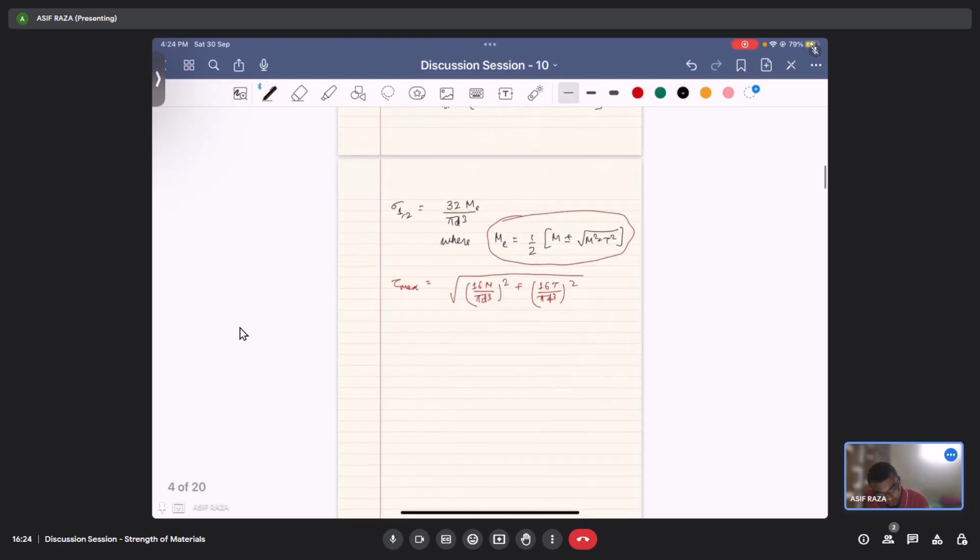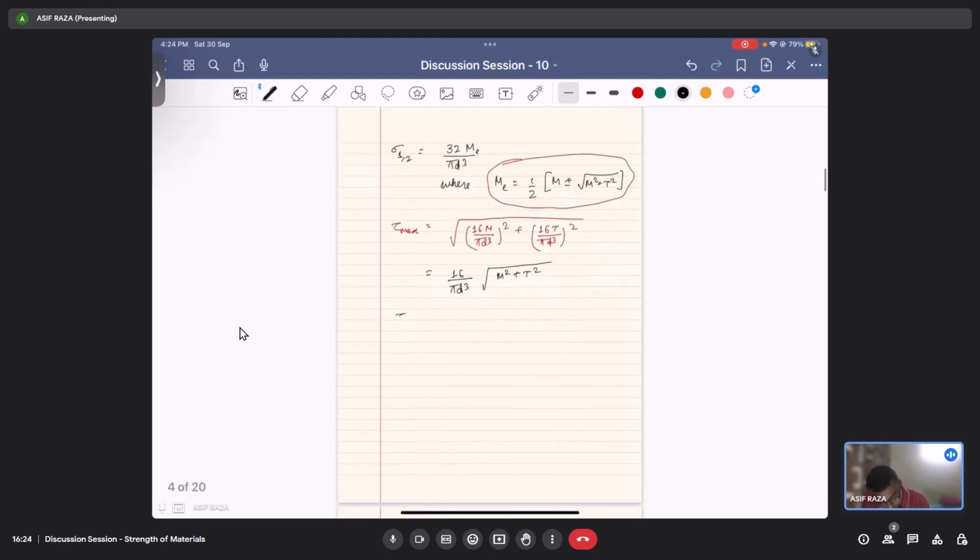So I can take 16 by pi d cube out, times the root of M square plus T square, and I can write this as 16 T equivalent by pi d cube, where T equivalent is equal to the root of M square plus T square.